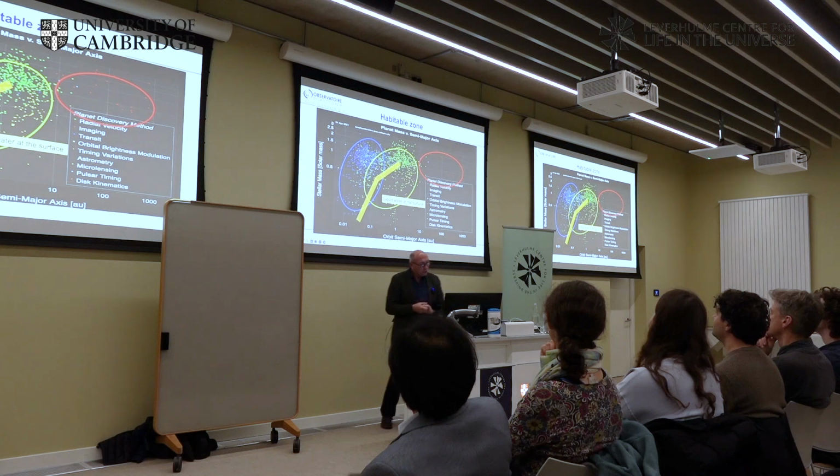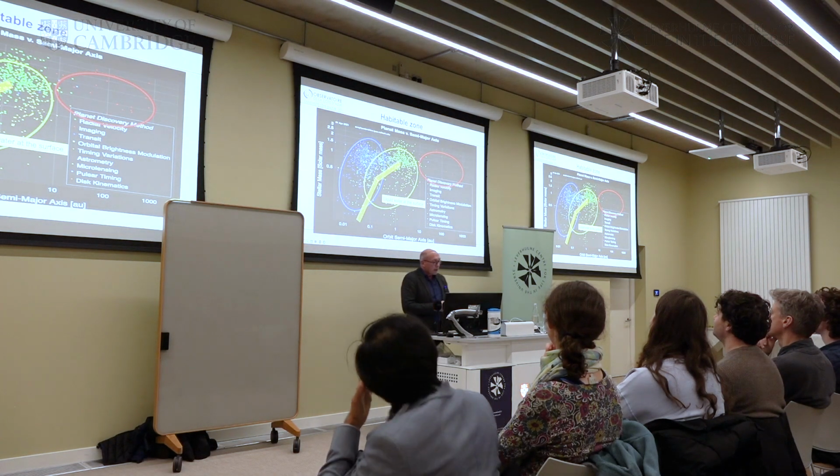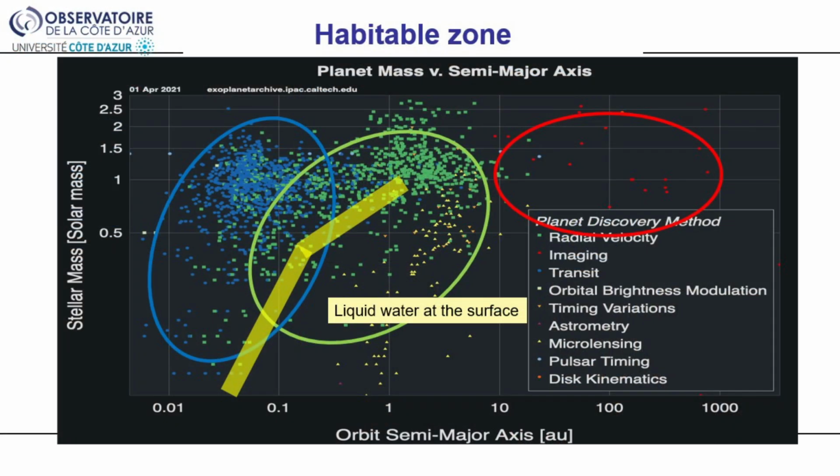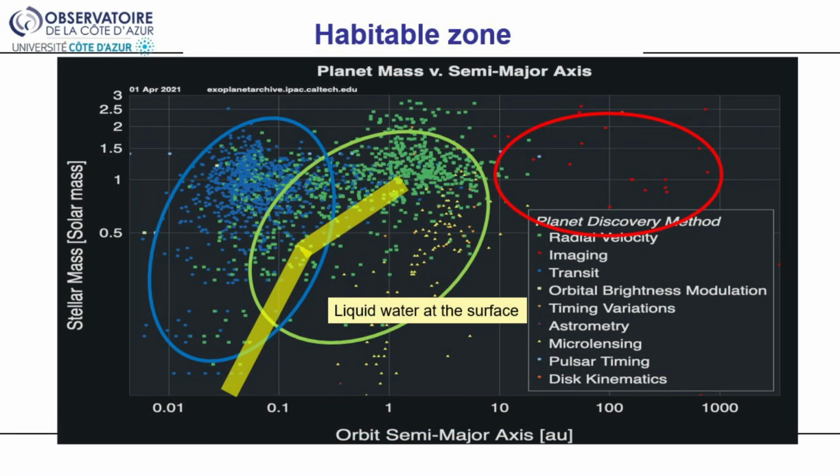So the general framework of that work is, of course, habitable planets, and you all know about habitable zones. So here you have a sketch with stellar mass on the y-axis and the distance to the star on the x-axis, and each of those dots are exoplanets that have been detected with various detection methods. And in that context, the habitable zone, as you probably know, is you do just simple 1D climate modeling.